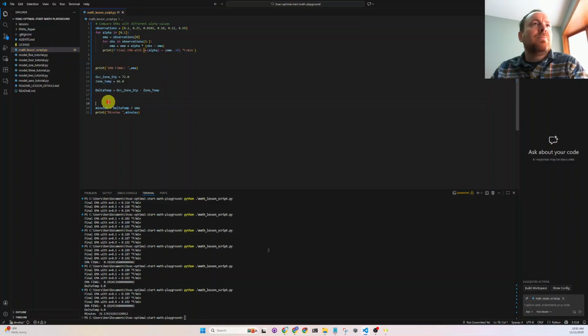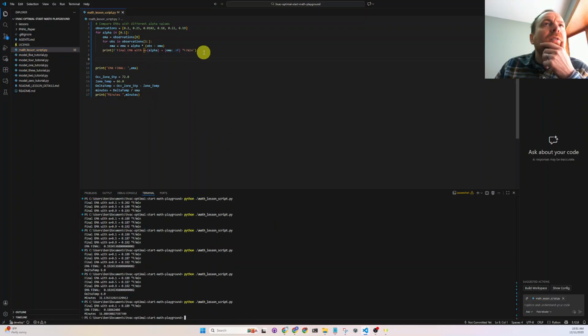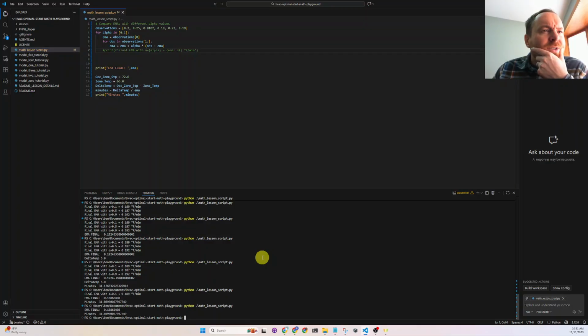So if I just delete some of these print statements, going to delete this other print statement, comment it out. So EMA final here is 0.18. Here it was 0.19, and our minute calculation is slightly different. Not too much, I guess, but maybe it doesn't have that much of an effect.